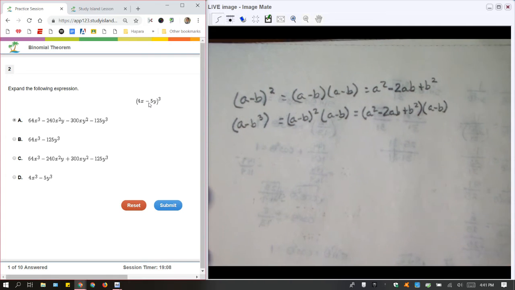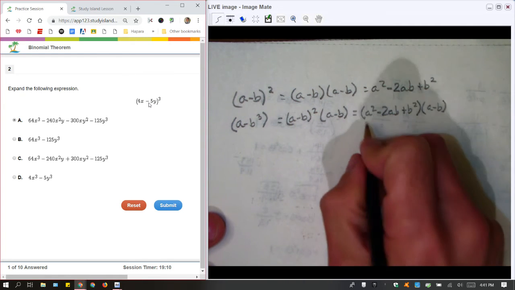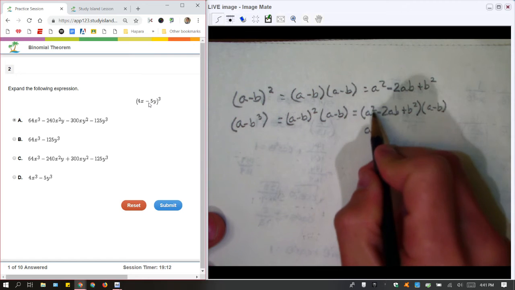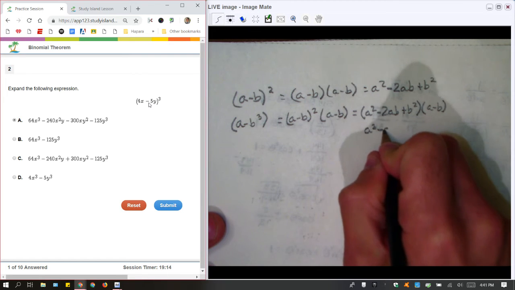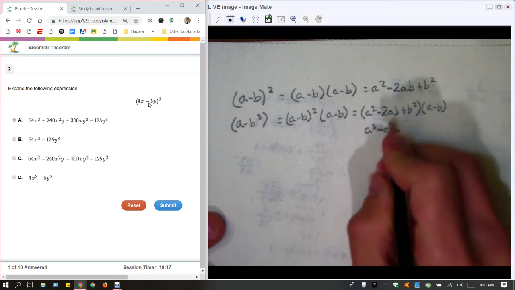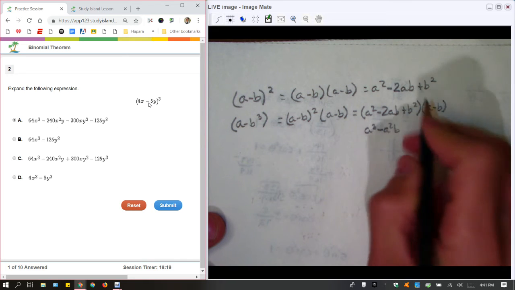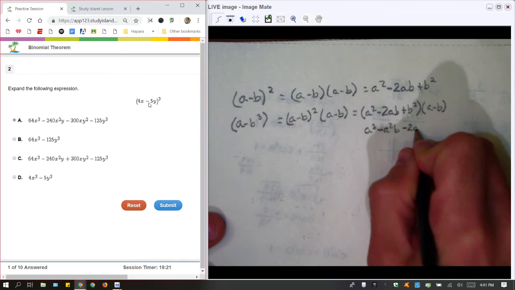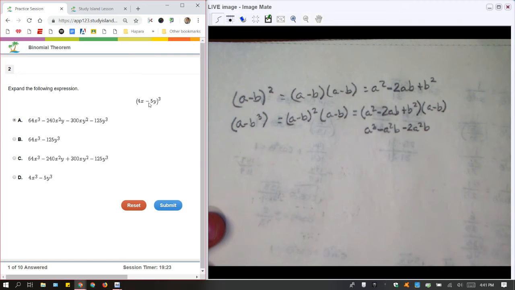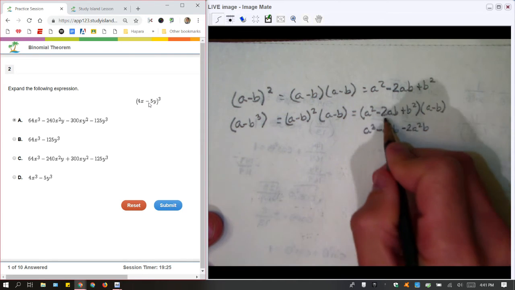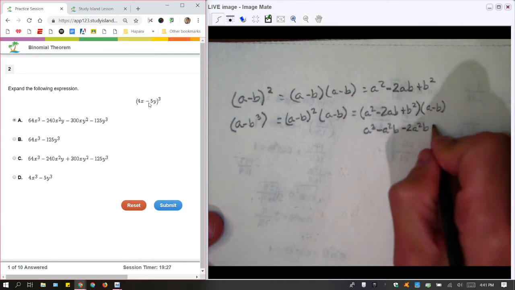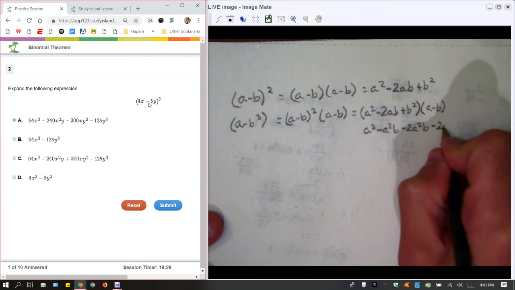And what does that equal? Well, you have a squared times a, which is a cubed. You have a squared times negative b, which is negative a squared b. You have negative 2ab times a, which is negative 2a squared b. This should all look very familiar because we just did this.